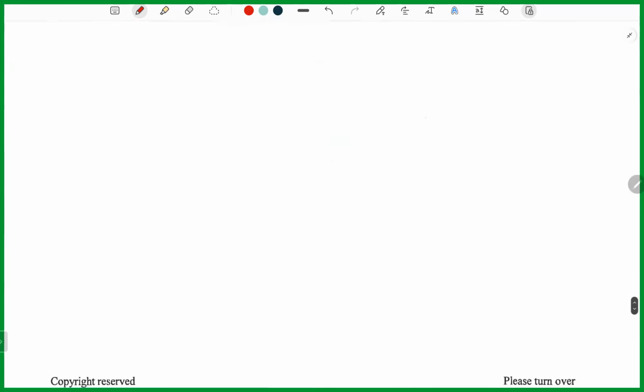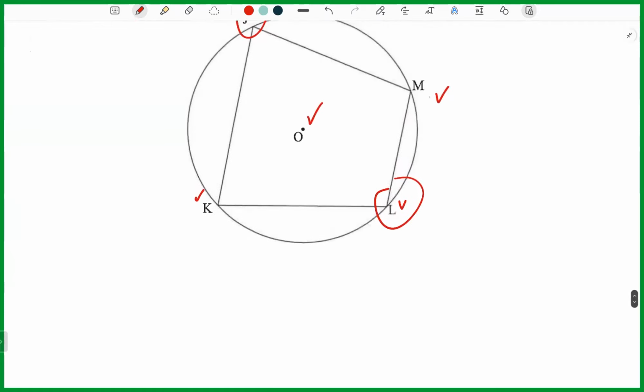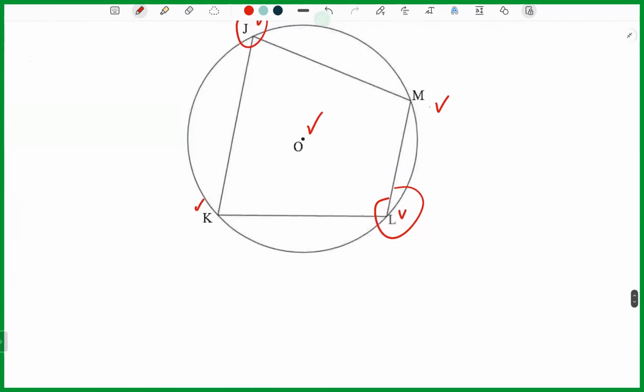Okay, we have lots of space here, so we're going to use that.